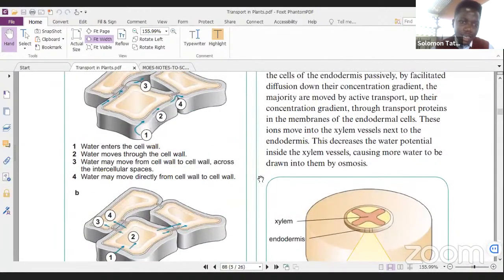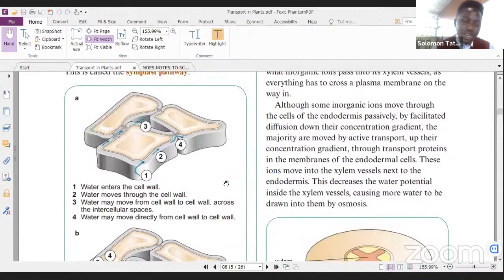But this picture also can show us what I was talking about, especially on this particular pathway. While looking at this picture, let me highlight it for everyone. What do you think this pathway is? Just look at the blue arrows. For someone who has been paying attention, this will be easy for you.